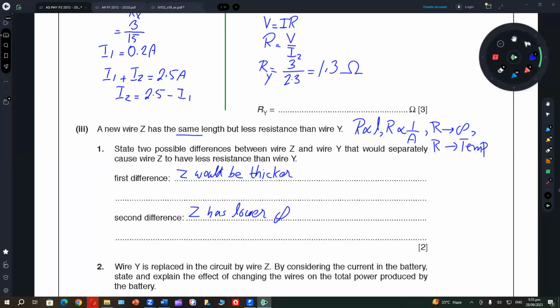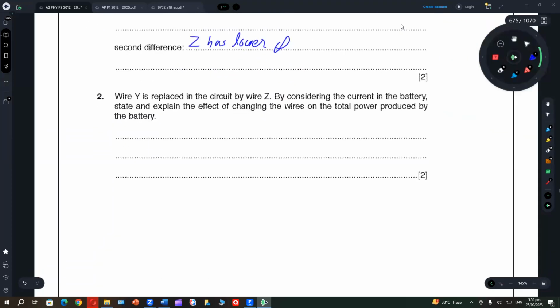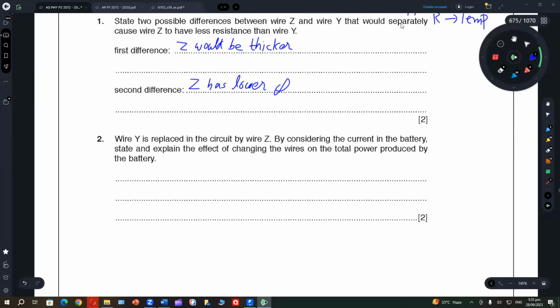Many people remember resistance is a function of temperature also, but there is another feature, that is resistivity, the material. Obviously, if I have a copper rod and a silver rod, copper, silver, gold, iron, they all have different resistivities.